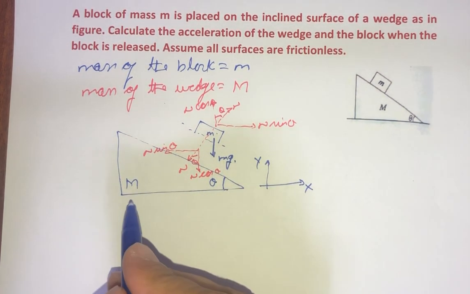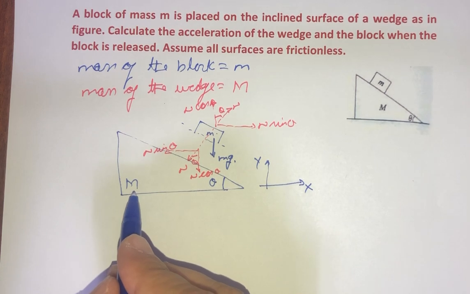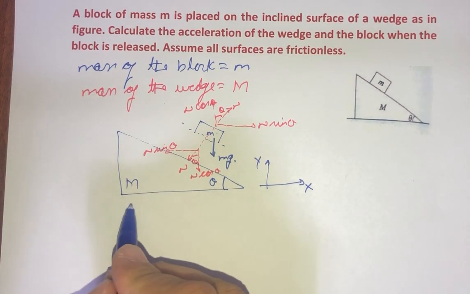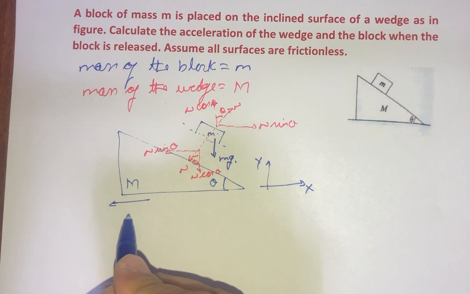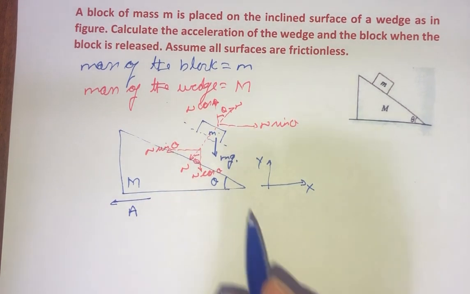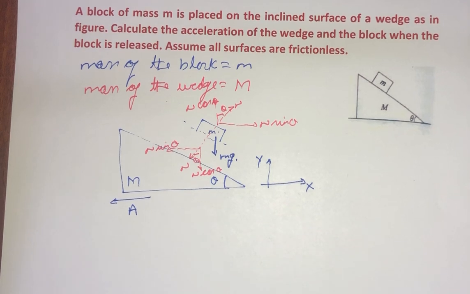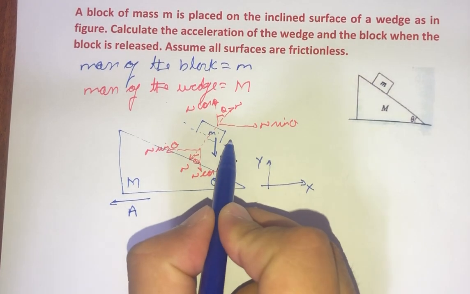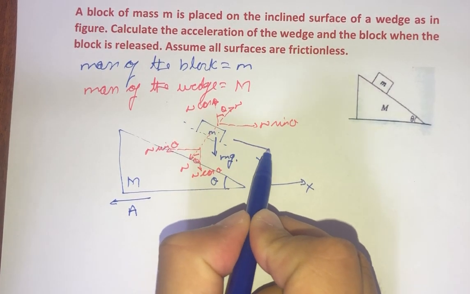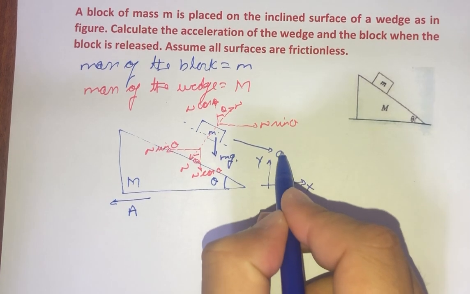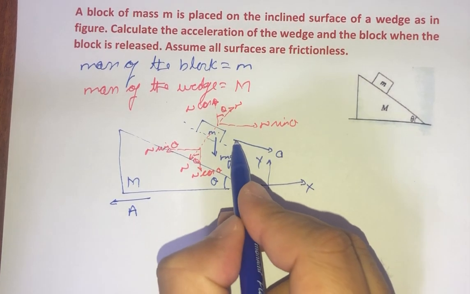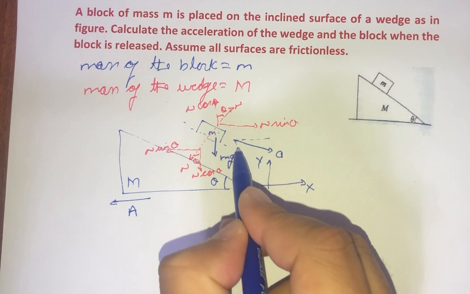Another thing, we assume that the wedge is moving with the acceleration of capital A towards left, and we have mass small m which will be moving in the downward direction, let us suppose with the acceleration of small a. So this acceleration can be divided into two components.